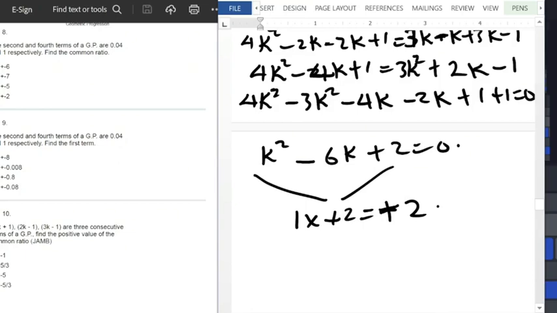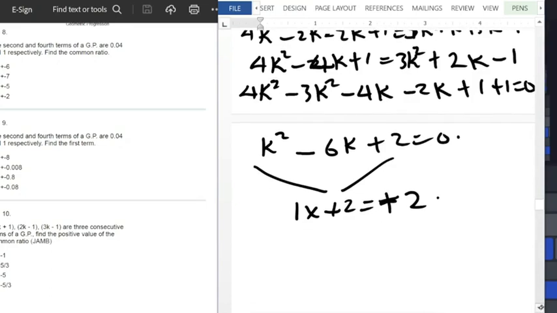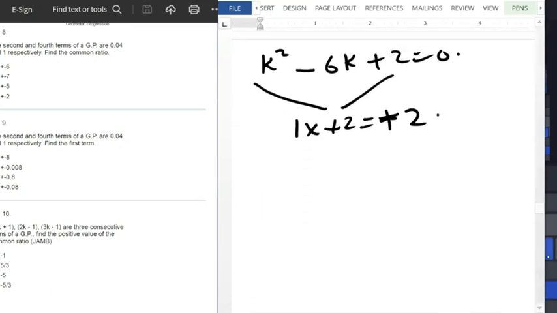So the product of the two numbers must be plus 2, while the sum will be minus 6. I think it is not factorizable, so we make use of the formula method. So in the formula method, a equals 1, b equals minus 6, and c equals 2.